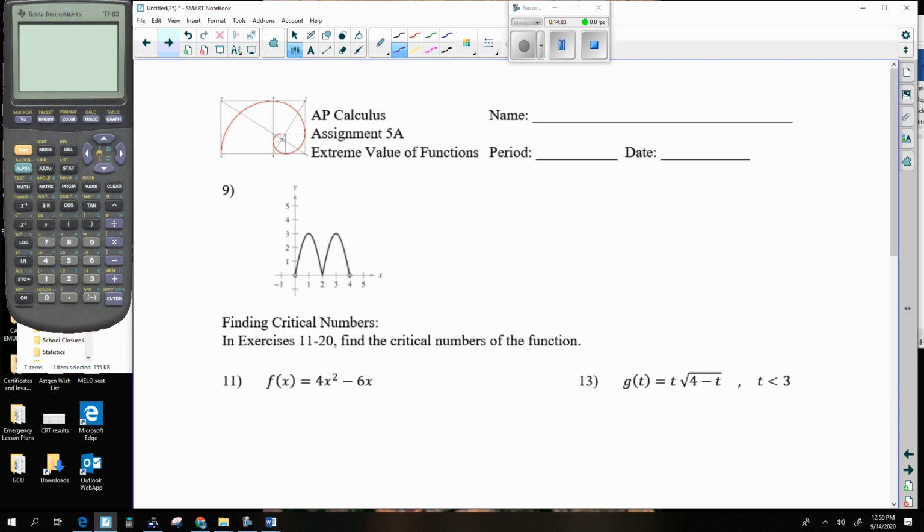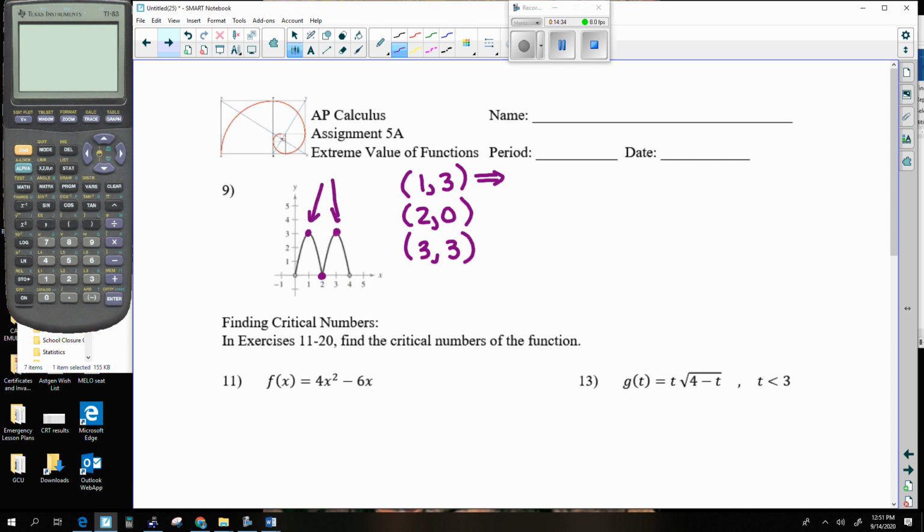Okay, critical numbers are where derivatives are equal to 0 or undefined, right there. So we have 3 points. We have the point (1, 3), we have the point (2, 0), and we also have the point (3, 3). All right, let's go with (1, 3). Yes, it is a top, so it's a maximum, but is it a relative max or an absolute max?